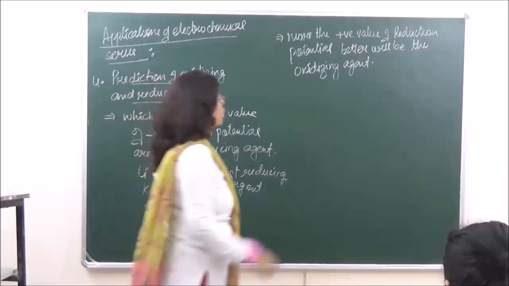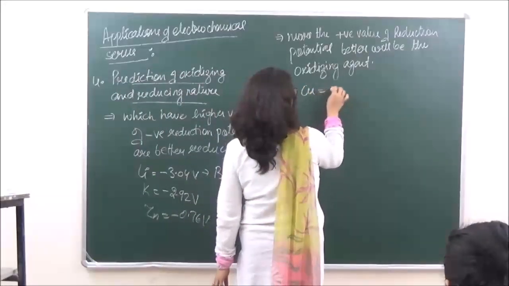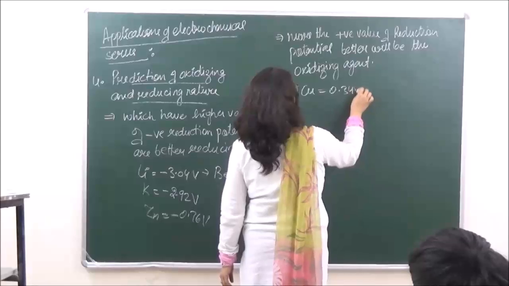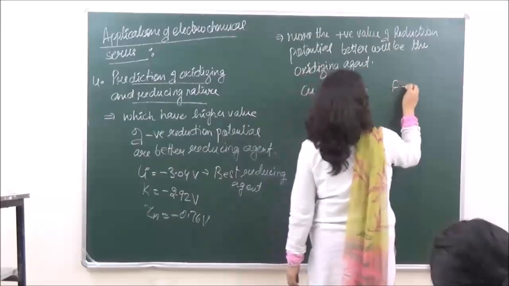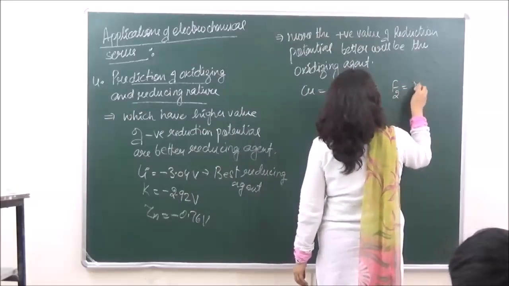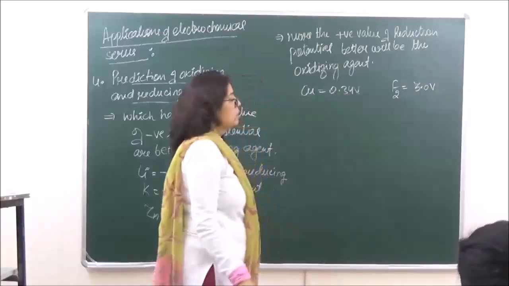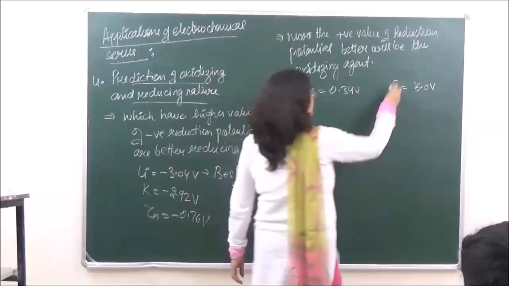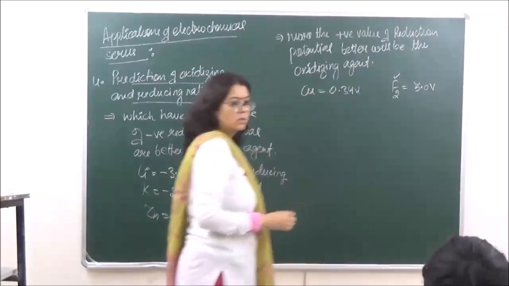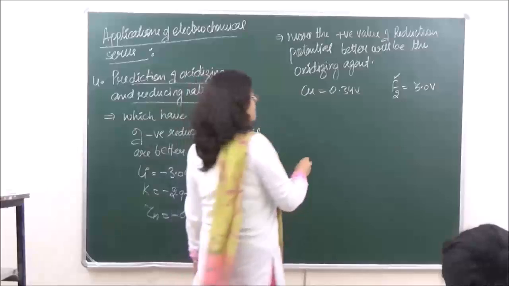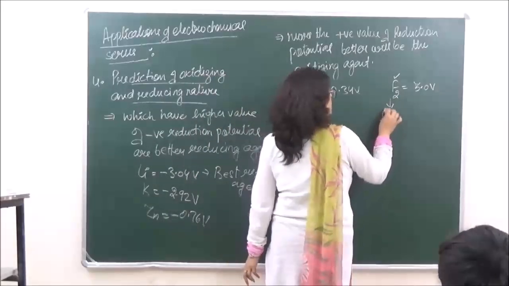So if you are comparing copper with a value of 0.34 volt and fluorine with the value of 3.0 volt, fluorine is going to be a better oxidizing agent. In fact, fluorine is the best oxidizing agent.